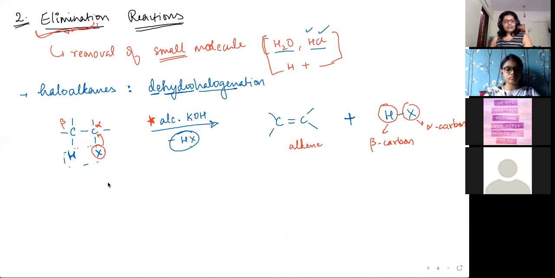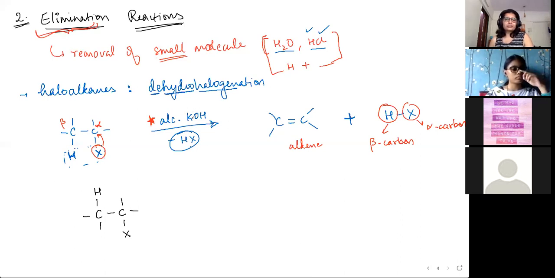So roughly, if you were to look at the mechanism of the reaction, you have carbon, carbon, halogen here. Let's say this has hydrogen here. All the other bonds are there. What alcoholic KOH does is release an extremely strong base, which is not OH minus.